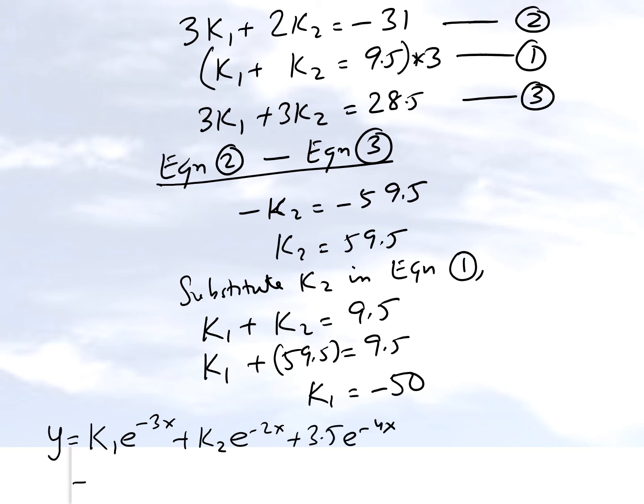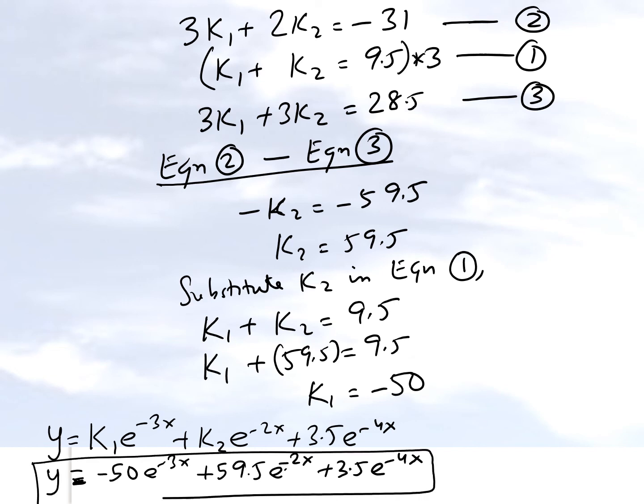And just substituting the values of K1 and K2 gives me, and so that is the complete solution to the problem, which finds the values of K1 and K2 as well for the homogeneous part of the solution. And that's the end of this segment.